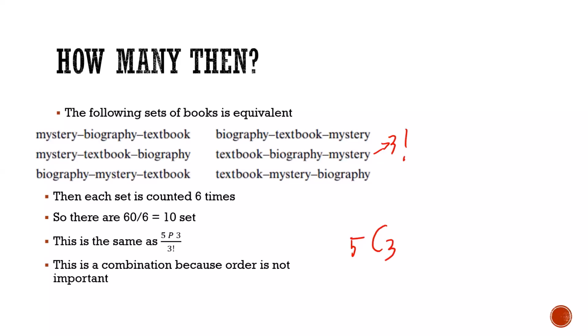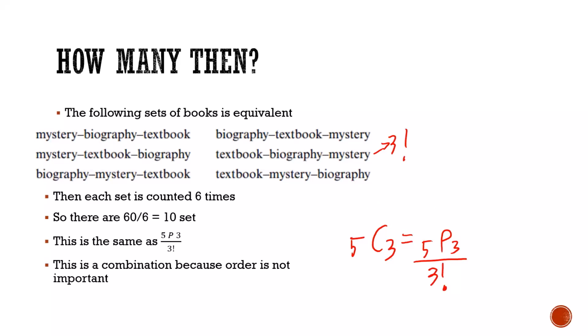This means choose 3 from 5, but don't order them. Do we get the distinction? Notice that equaled 5P3 divided by 3 factorial. So notice these numbers are the same, these numbers are the same, and this number is the same.